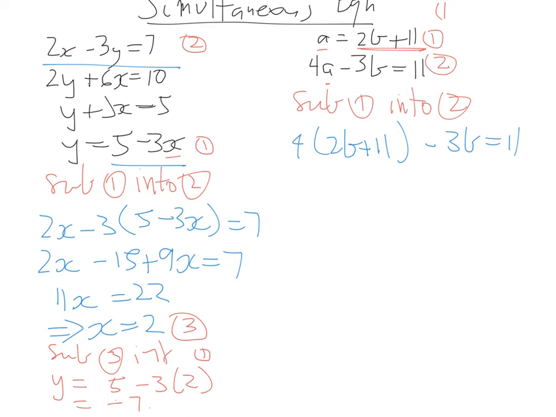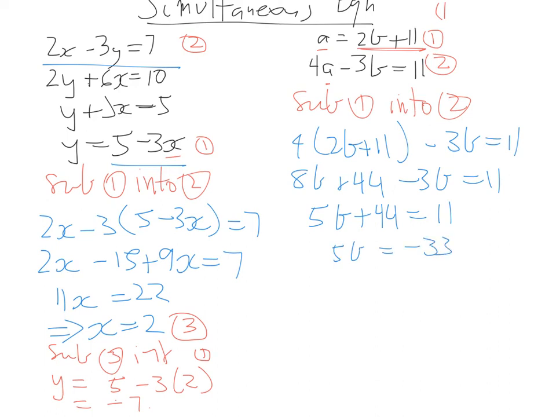I'll rewrite that clearer. 8b plus 44 minus 3b equals 11. So we've got 5b plus 44 equals 11. So 5b equals negative 33. b equals negative 33 over 5.